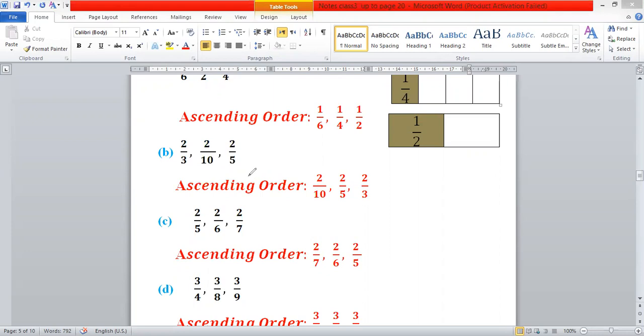You can draw the diagram of these fractions by yourself, and I am just going to explain how we write these in ascending order. First we write 2 over 10, then 2 over 5, then 2 over 3. In other words, you can say the denominators should be in backward counting: 10, then 5, then 3.